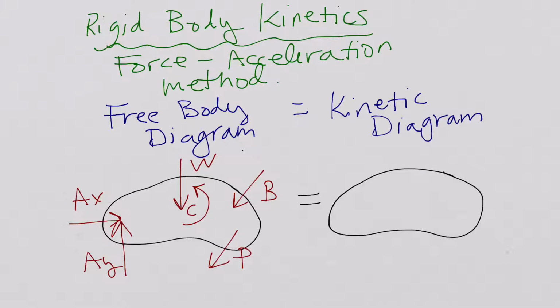With the kinetic diagram, we basically want to write down anything that's acting on that. So we have our center of gravity here. We can have the mass times the acceleration of that point G in the y direction, and the same for the x direction: mass times the acceleration of point G in the x direction.